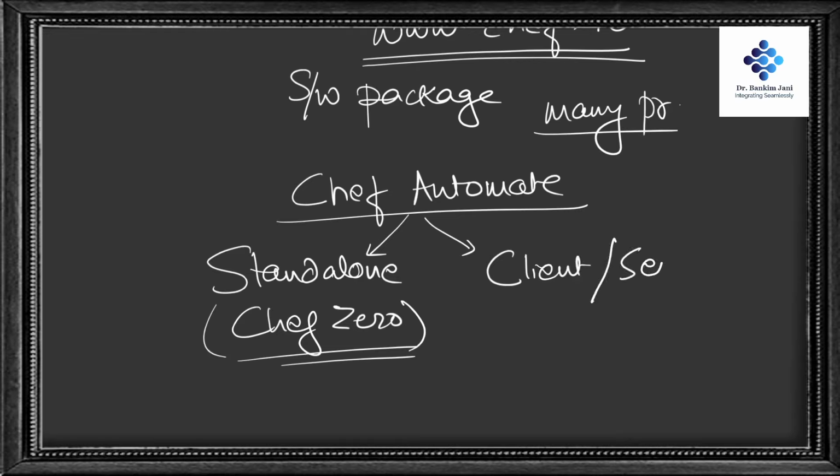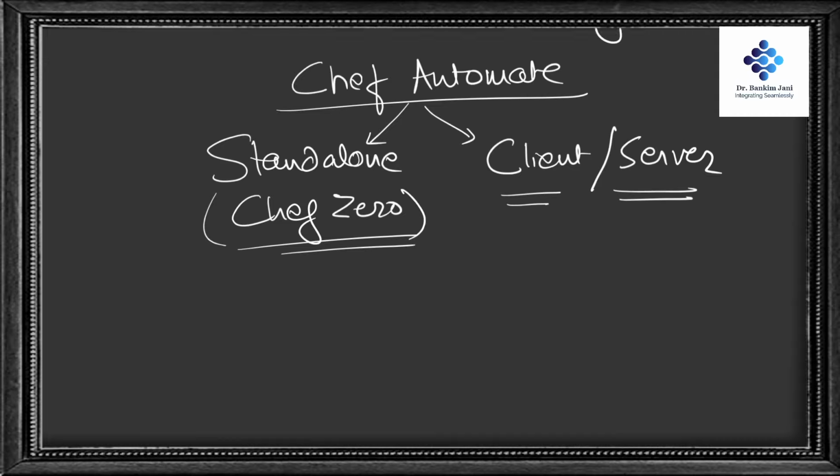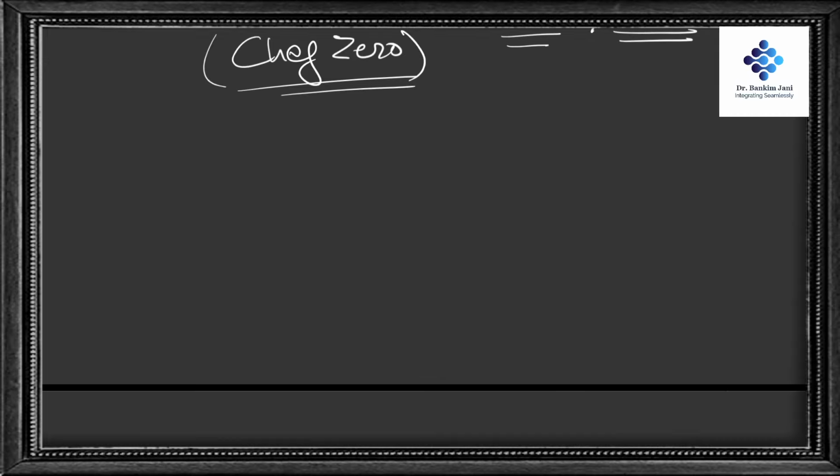So it means there is a server and there are clients. This means an agent would be needed, because whenever there is something like client server, there would be the agent. Right. So let's see how it works.